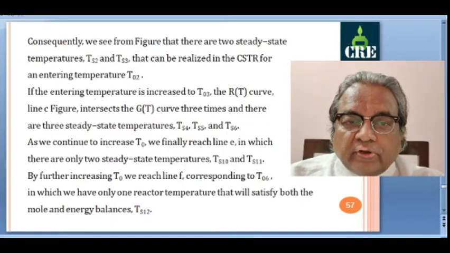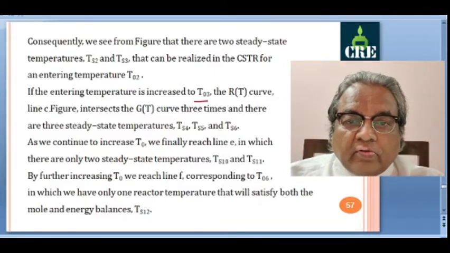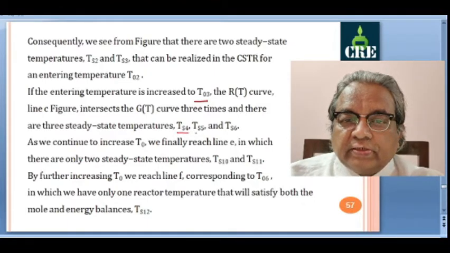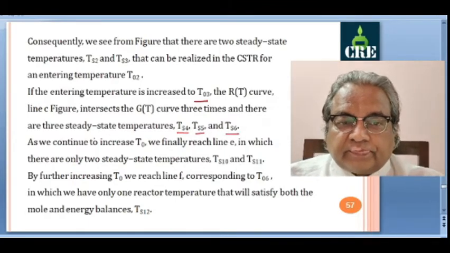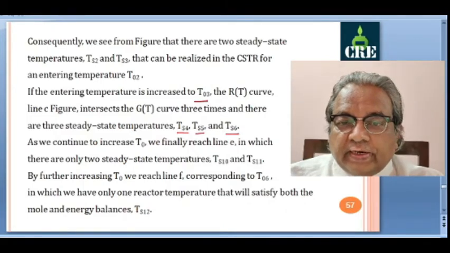Now if you further increase the entering temperature to T03, we have the removal term denoted by line C and it crosses at points 4, 5 and 6, and we denote these steady states as Ts4, Ts5 and Ts6. And if you continue to increase T0 further in this manner, finally you will reach line E in which there are only two steady states, 10 and 11.